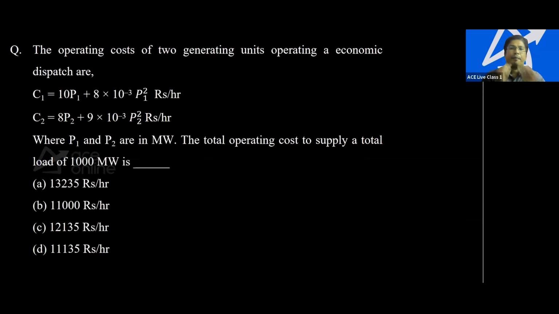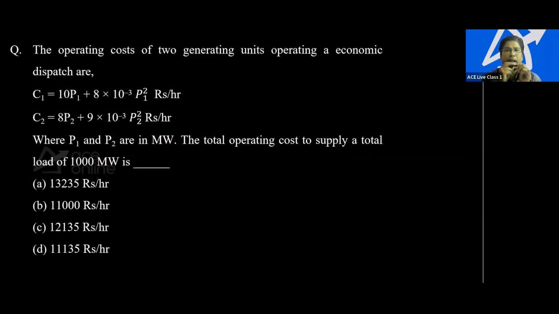Next question, students, from economic load dispatch. The operating costs of two generating units operating at economic load dispatch are C1 = 10 P1 + 8 × 10^-3 P1^2 rupees per hour, and C2 = 8 P2 + 9 × 10^-3 P2^2 rupees per hour, where P1 and P2 are in megawatt.